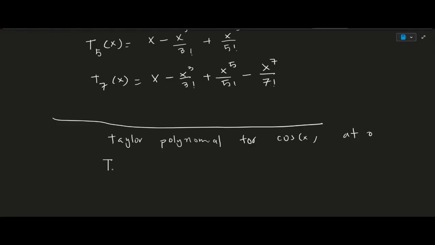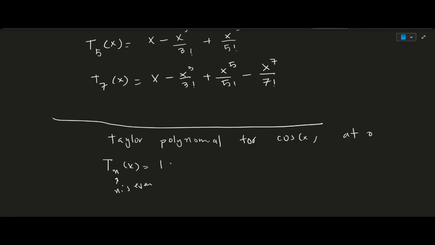Let's say that in that case, basically, the Taylor polynomial of degree n, when n is even this time, is going to look like this. The first term, or the value of the function, is 1.